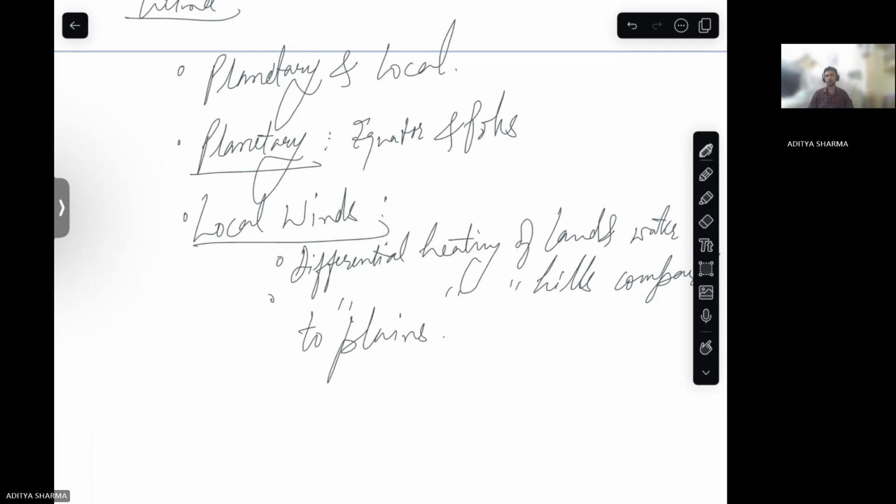Okay, so these are local winds. So the concept is the same. Cold air will sink and the warm air will lift. Okay, so these are local winds.